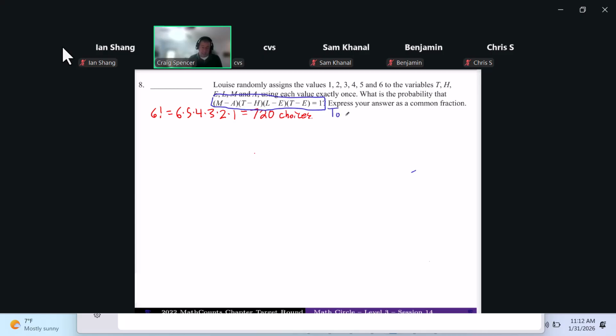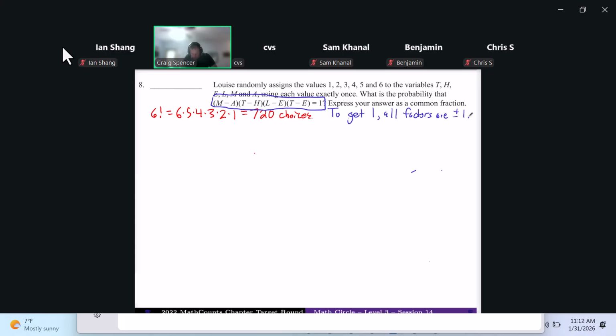At the very least, that doesn't guarantee it. I can still get -1 for the expression. So you need all of these factors, and by all, I'm talking about these like m minus a, t minus h, all factors are plus or minus 1.